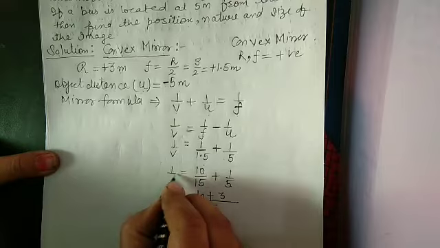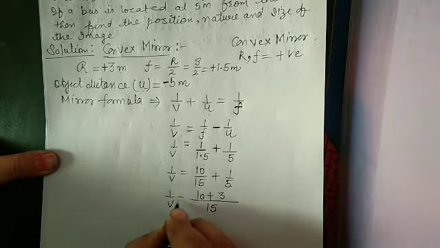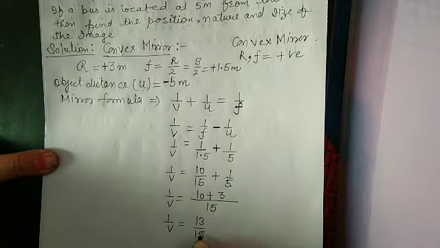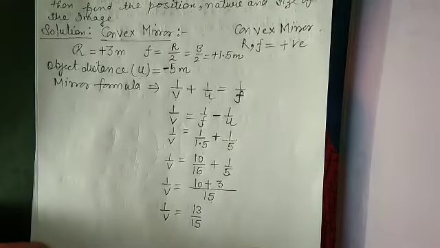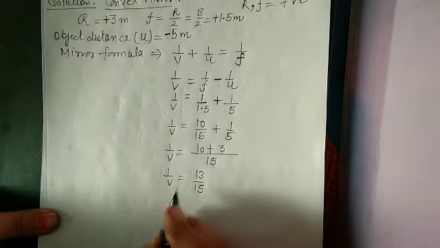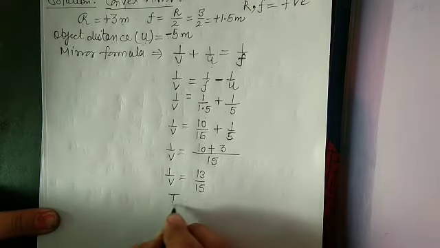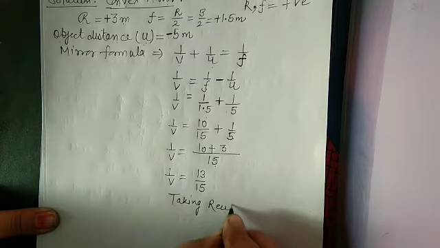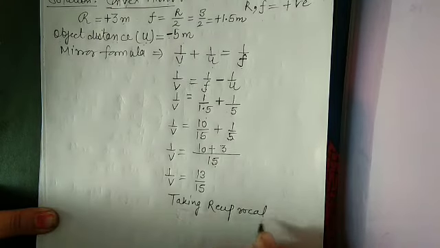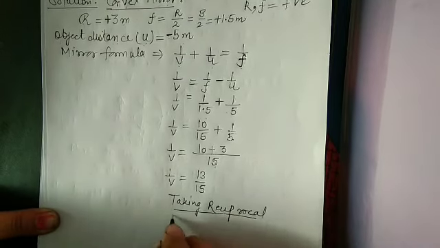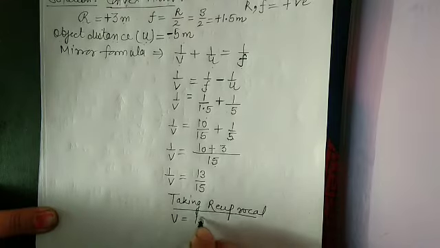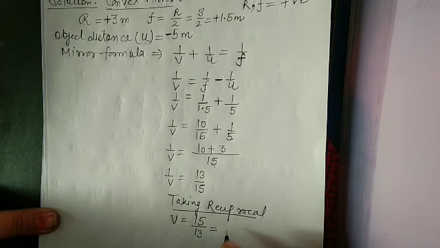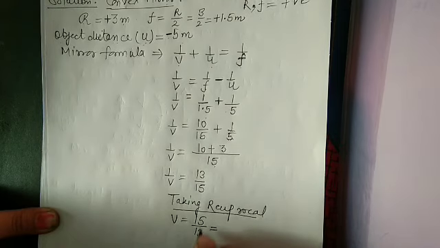So, 1 by v is equal to 13 upon 15. But what do you want to find out? You want to find out the value of v, so taking the reciprocal, v is equal to 15 upon 13. 15 upon 13 means you have to divide this.